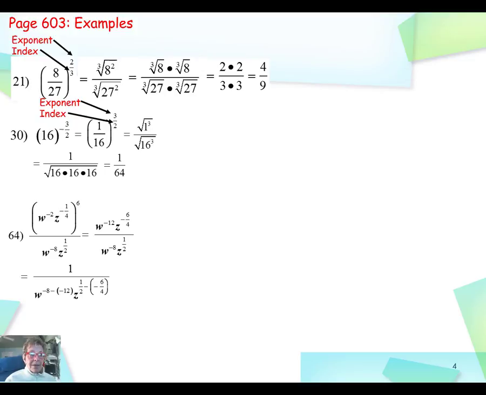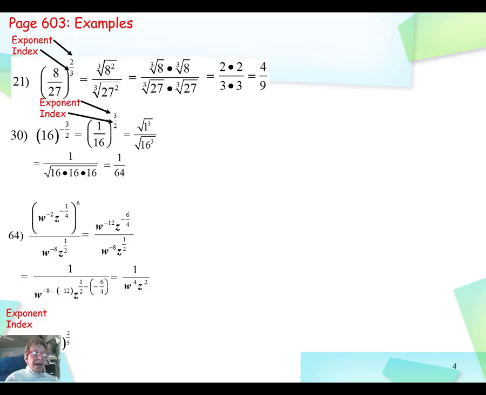Z to the 1/2 is larger than z to the negative 6/4, so I'm subtracting in the denominator position again. When I do that, I take everything from the numerator, I must put a 1 up there. Simplify that subtraction. Please be careful of your signs and fractions. That gives me 1 over w to the 4th, z to the 2nd power.